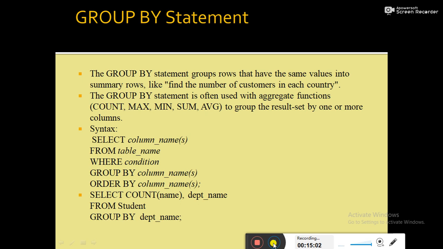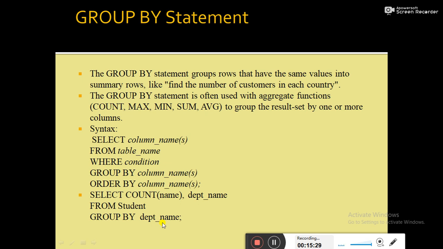So how many groups will be there for that example? 3 groups will be formed. One group for CSE, one group for IT, and the other group for EC. That means first of all you have to form a group on the relation student based on department name. So how to form a group? With the help of this group by clause, and then we have to specify the attribute name by which we want to form a group.